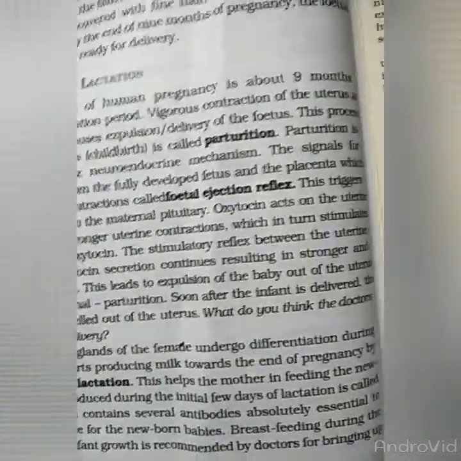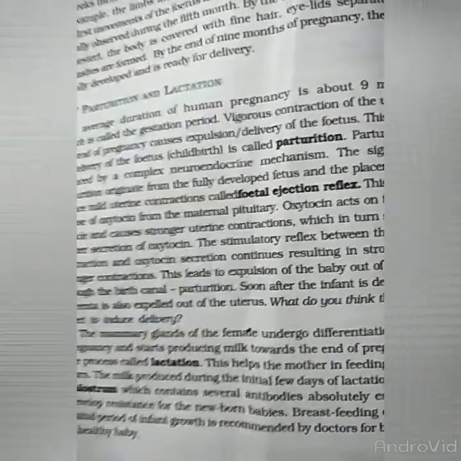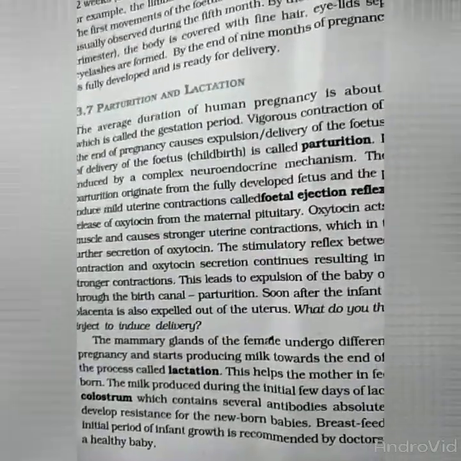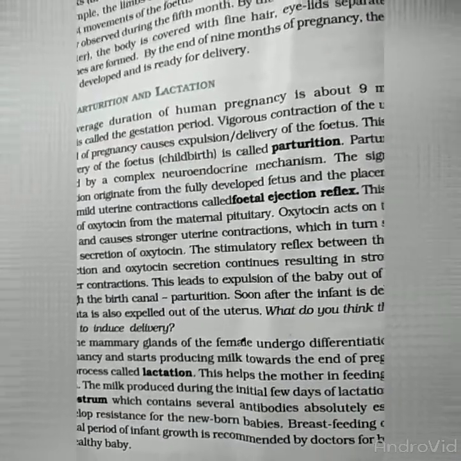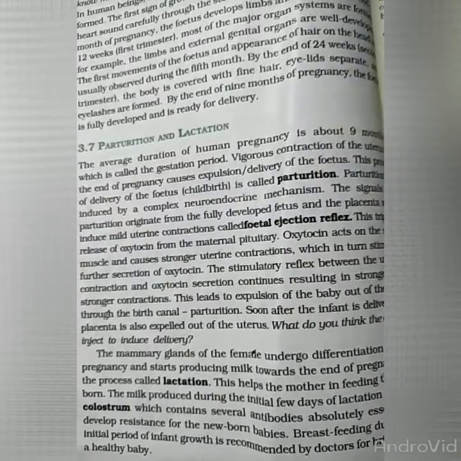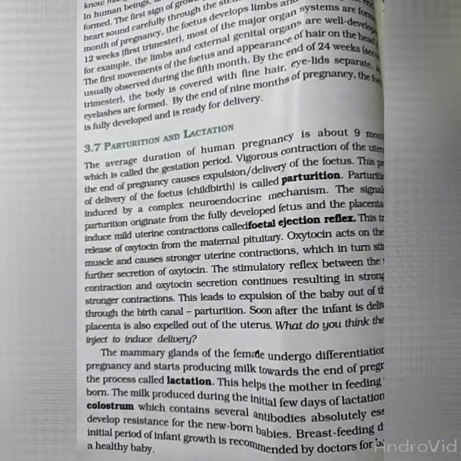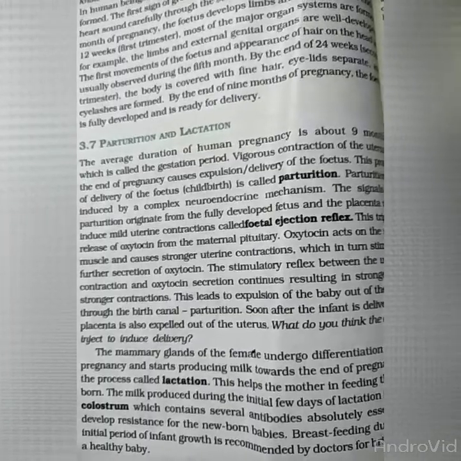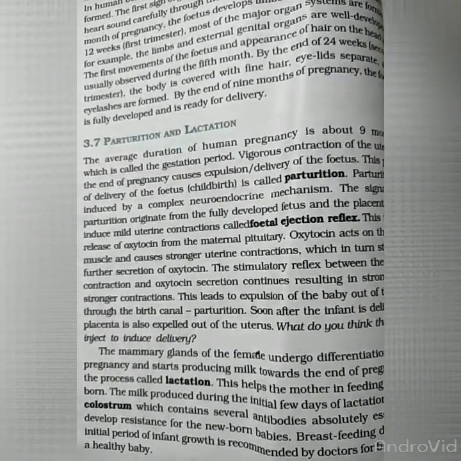The first milk contains protein and is called colostrum, which is very useful for the newborn baby and has several antibodies. Lactation is induced by the prolactin hormone, and in parturition, oxytocin helps in the uterine contraction.